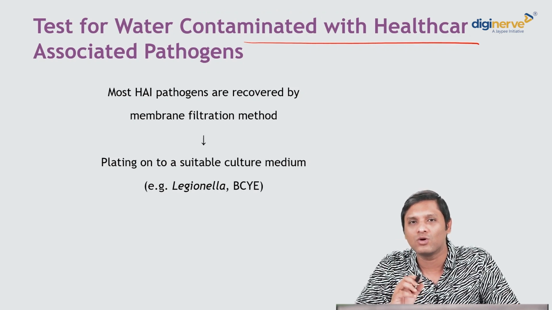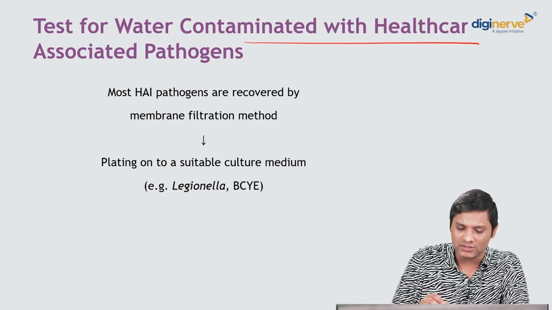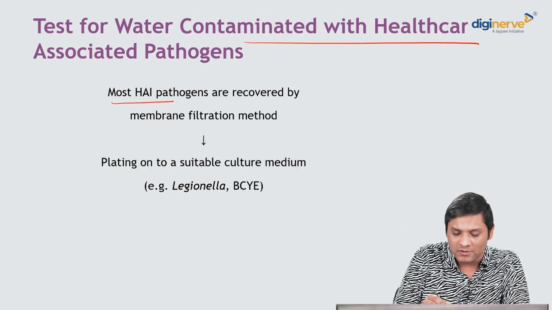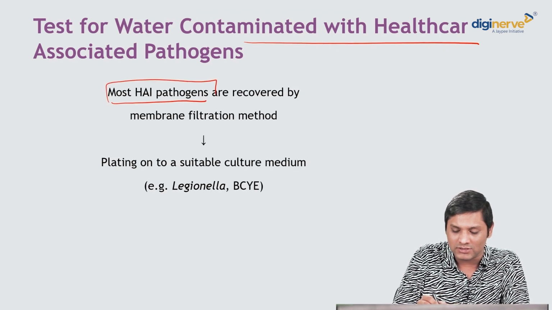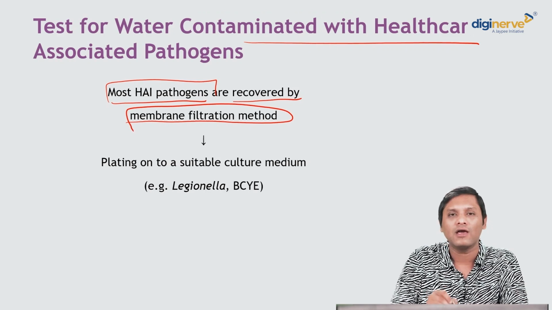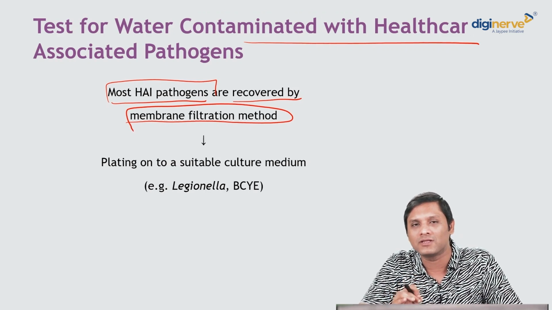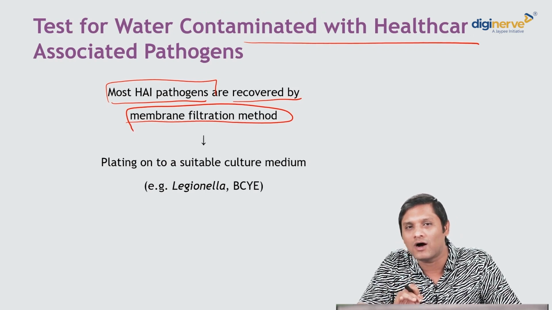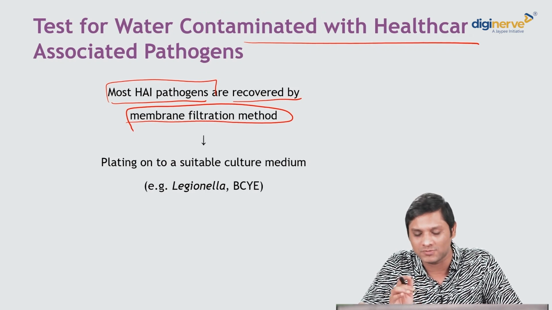So how to detect those organisms? Here the methodology is that most hospital acquired pathogens are recovered by membrane filtration method. So membrane filtration method is the method of choice for testing of water supply in hospital.